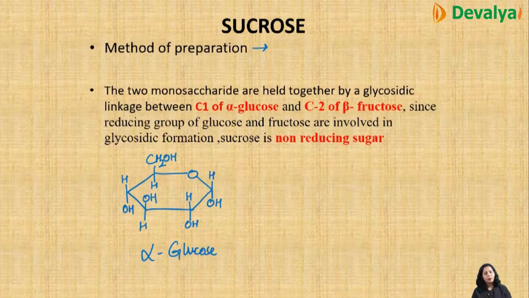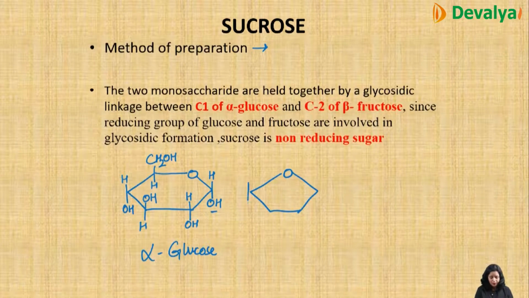Now we'll draw the beta fructose. We'll write it in the reverse way because we need C2 of beta fructose to link with this OH. So we'll write like this, with CH2OH, which will link here. OH is there, so the water will move out, and this will be your glycosidic linkage.